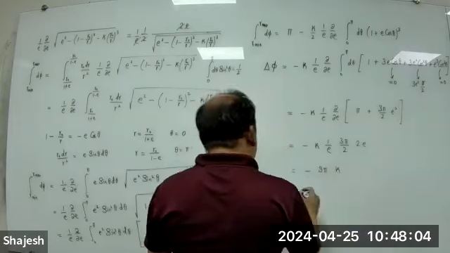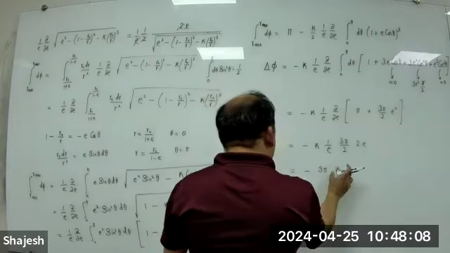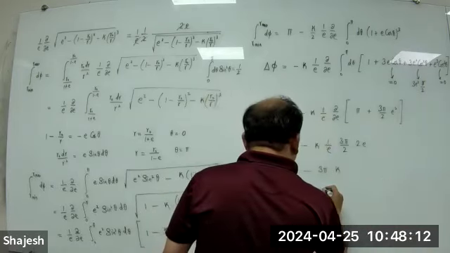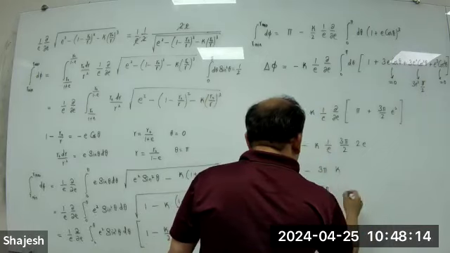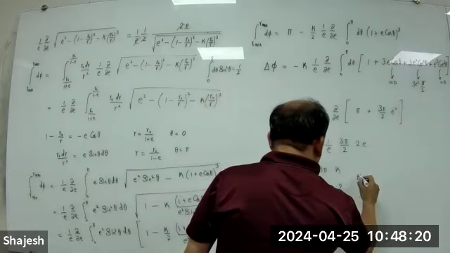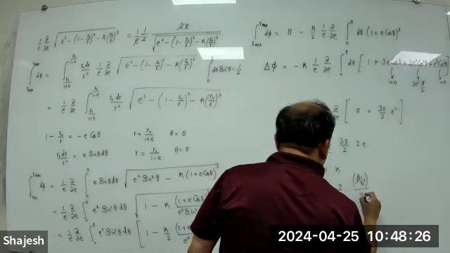Remember what kappa was? This is a dimensionless quantity, right? It is an angle. How much is that angle going to change?